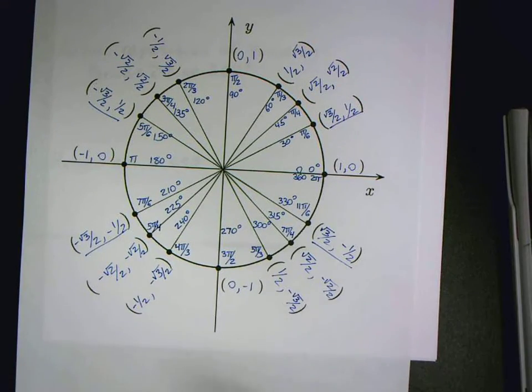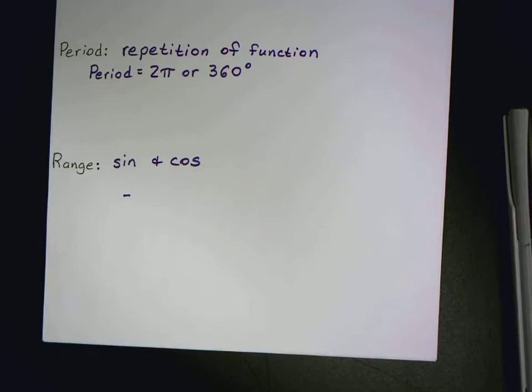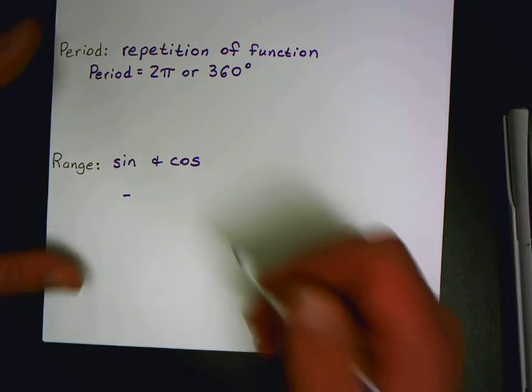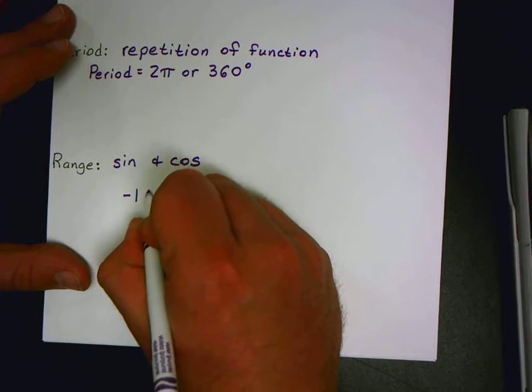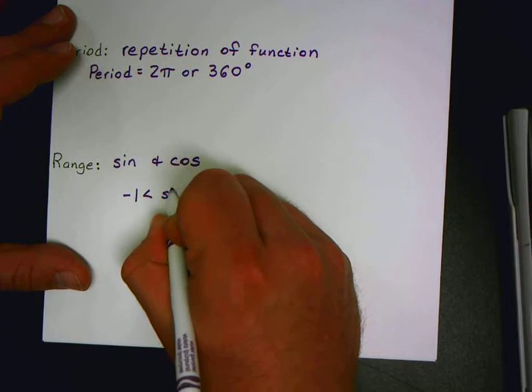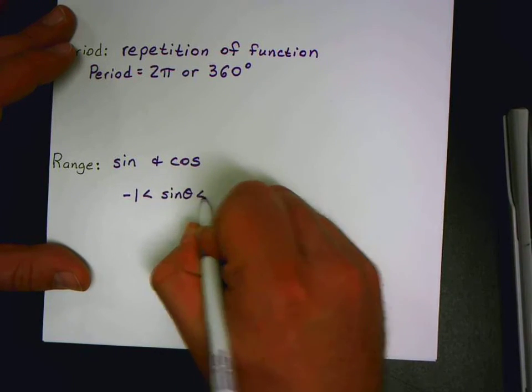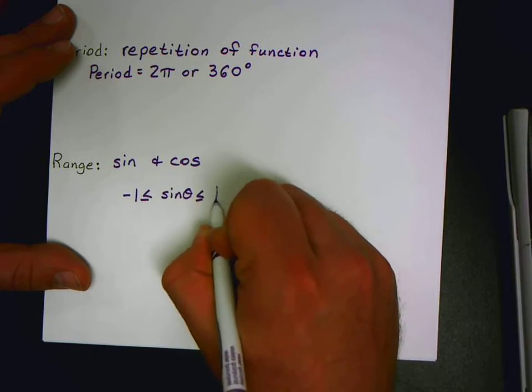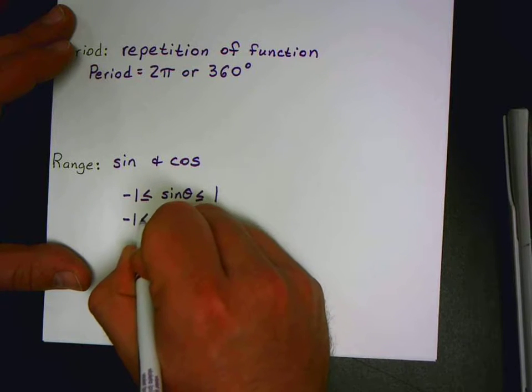What is the largest x value that you can be? 1. What's the smallest x value you can be? Okay, what's the largest y value you can be? What's the smallest? So it doesn't matter what happens with sine or cosine. They are always in between those two values.